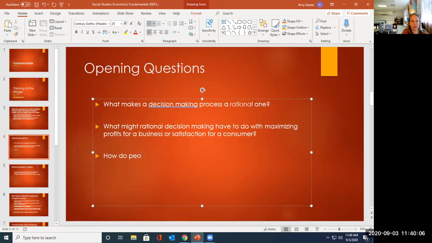How do people and businesses, and governments too, respond to incentives? We'll talk more about that. And remember, incentives are positive or negative. We have both. We'll talk about that also today.